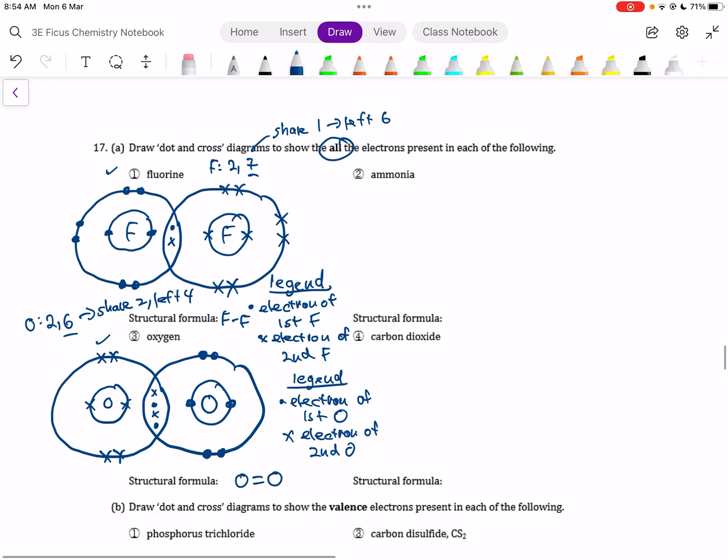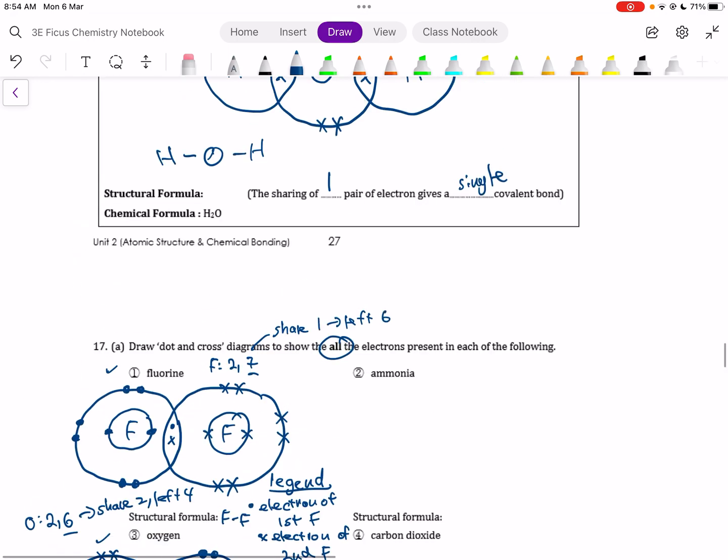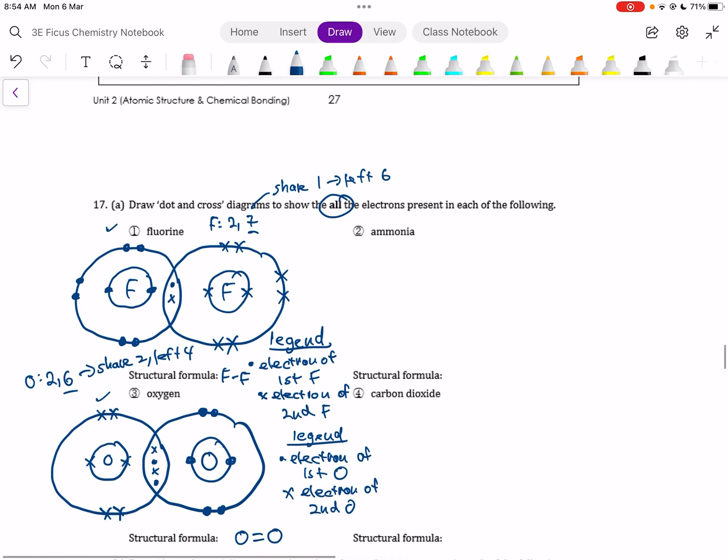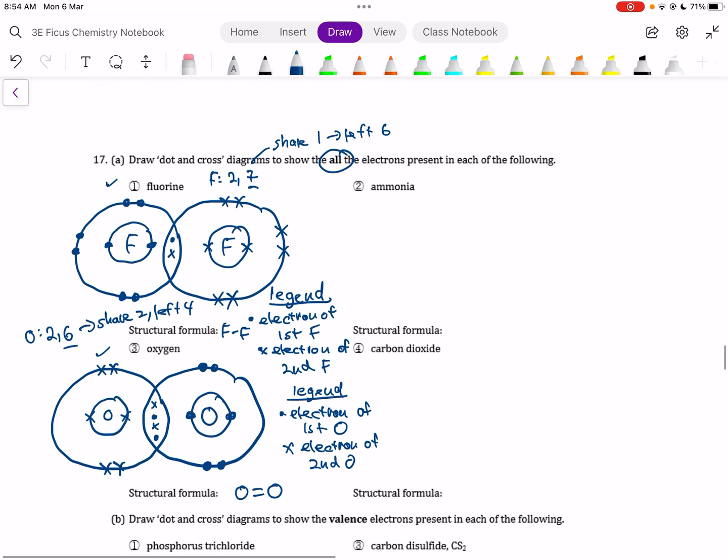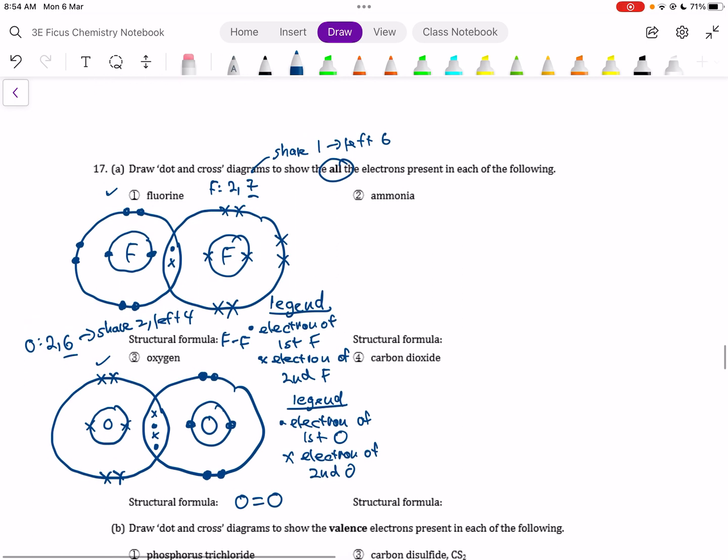Next is ammonia. Let's do some planning before we start drawing. Nitrogen is 2,5. You will share 3 electrons because you need 3 more to get to 8, so share 3, left 2.